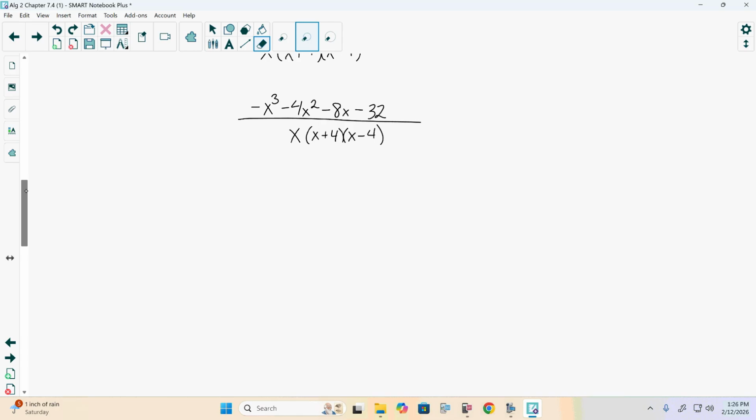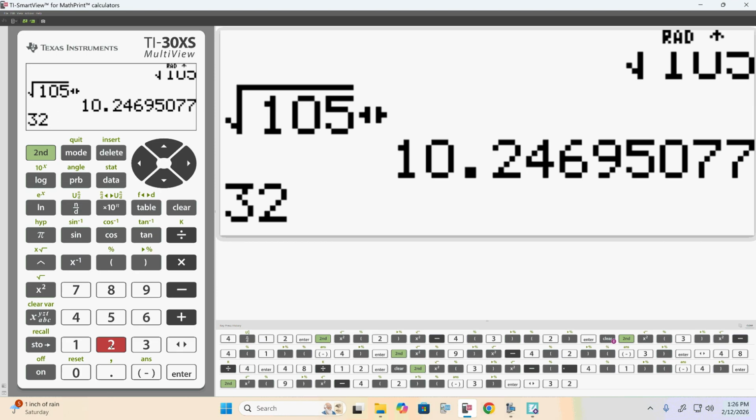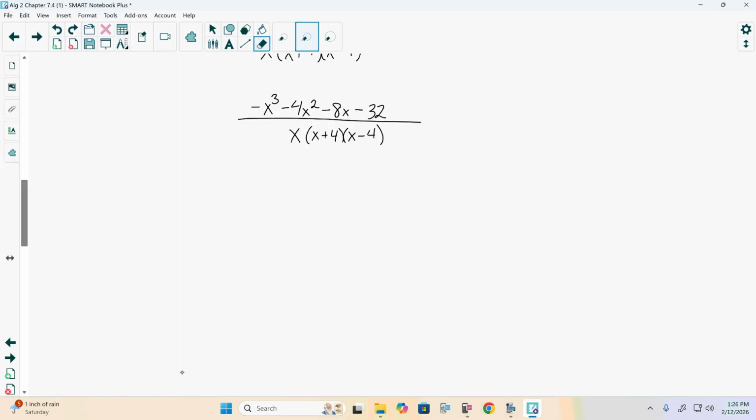Now, this is looking like we can factor by grouping. Negative x cubed, negative x squared, 4x squared. So possibly we can factor out the negative x squared and get x plus 4. We just need to make sure 32 is divisible by 8, giving us 4. So I can factor out the negative x squared.